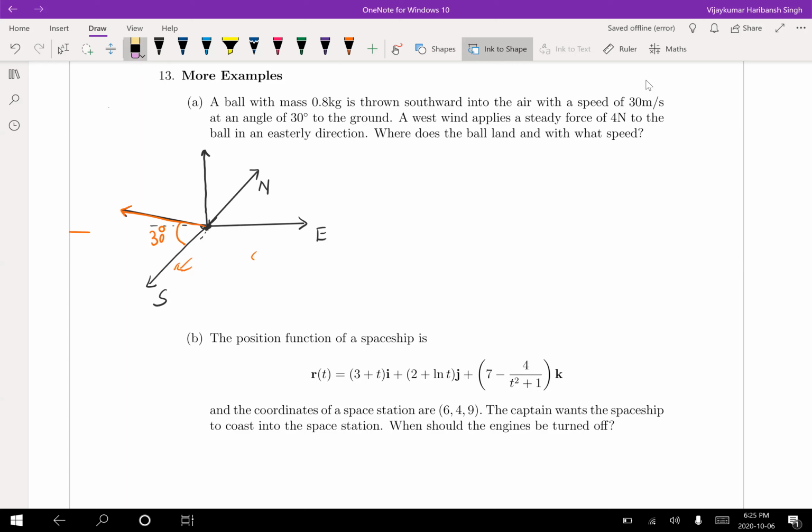All right, so first of all, we need to understand what the acceleration is. And then we need to understand what the velocity is. And then we'll basically discuss the position. And from the velocity vector, we'll get the speed.